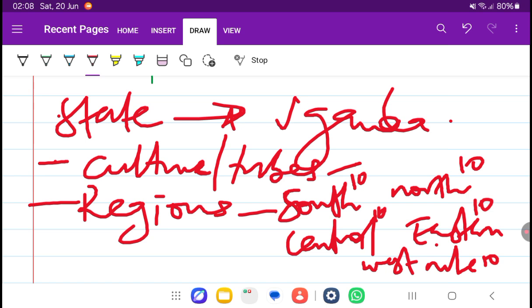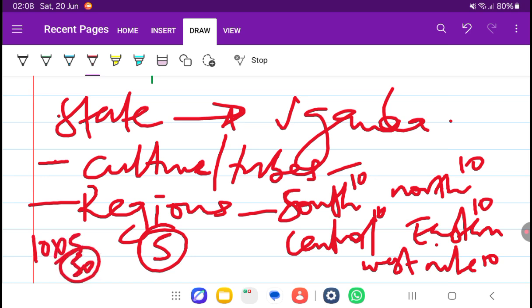So since we are going to have 5 regions, then we are going to have 10 people from each of the region, meaning we shall have 10 times 5. That will be 50 people. We shall have 50 people forming out what you call the stratified sample.